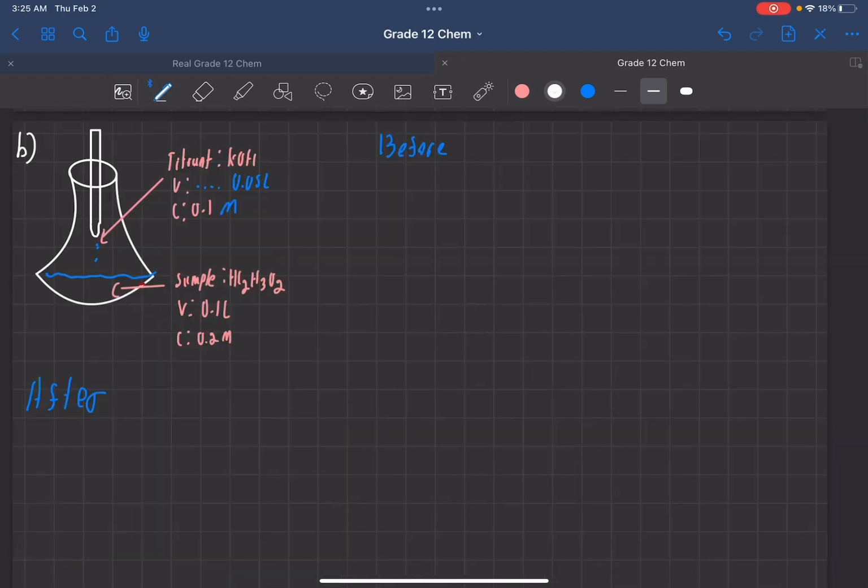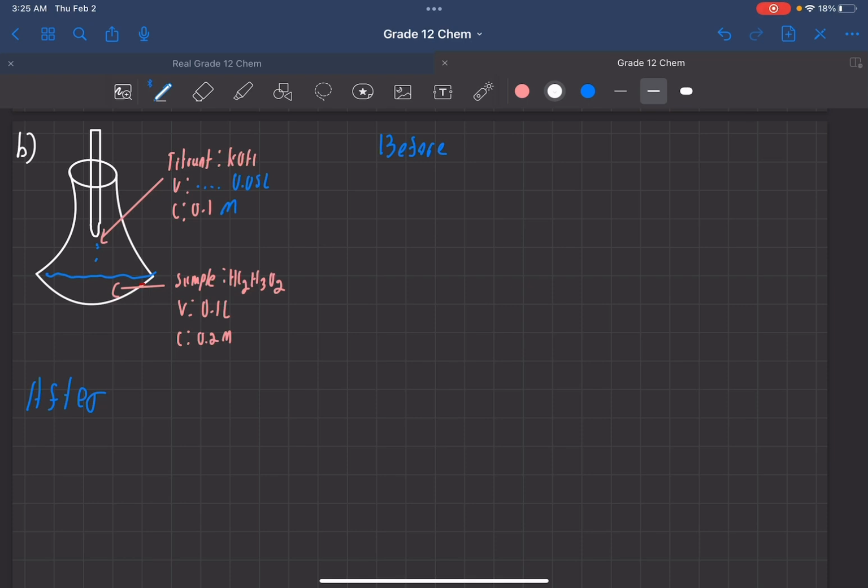Okay, so this is part B. We're going to be working with 0.05 liters of titrant this time, with our titrant being potassium hydroxide. I'm just going to tell you right away that this solution is going to be dilute, meaning we can add more potassium hydroxide, or titrant, to reach the equivalence point, or that we have not reached the equivalence point yet. So we're going to have to set a before and after statement.